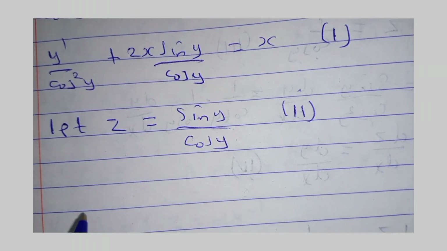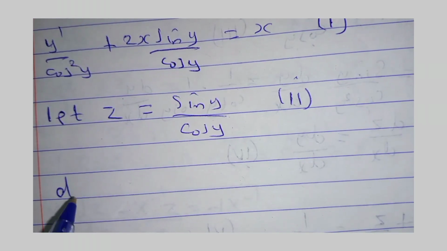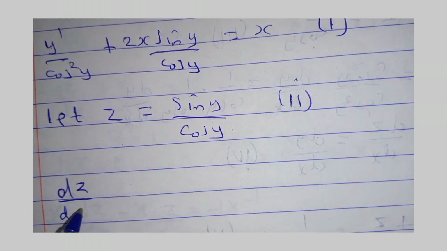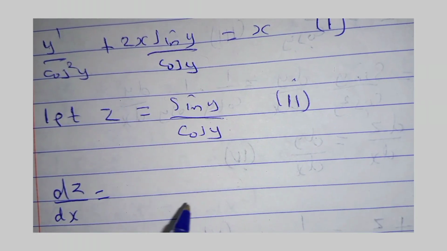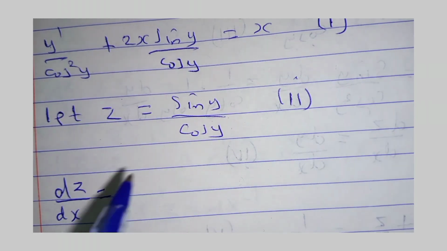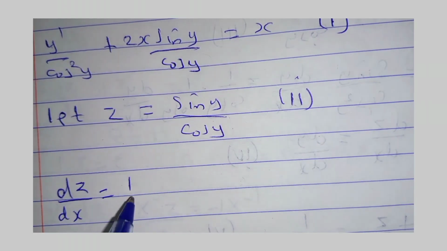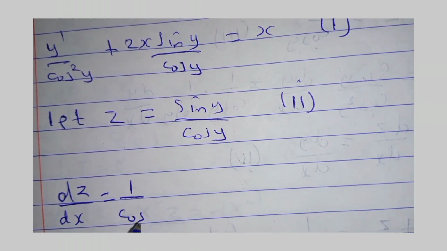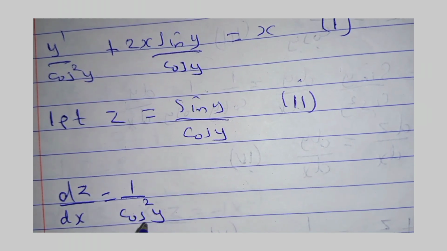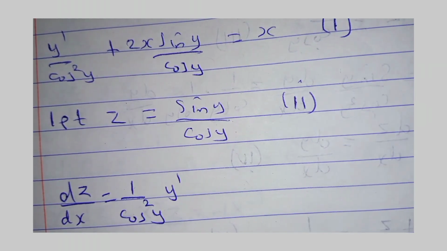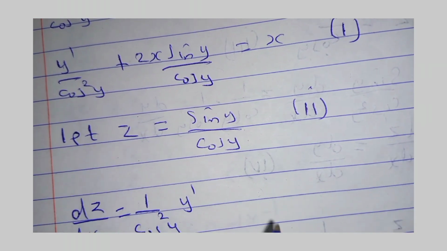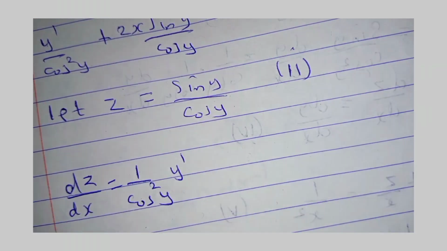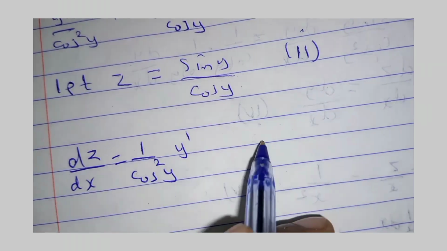So we differentiate this equation and we are going to get dz over dx is equal to, when we differentiate this, going by quotient rule, 1 over cos squared y times y prime. That is actually what we are going to obtain. We label this equation 3.